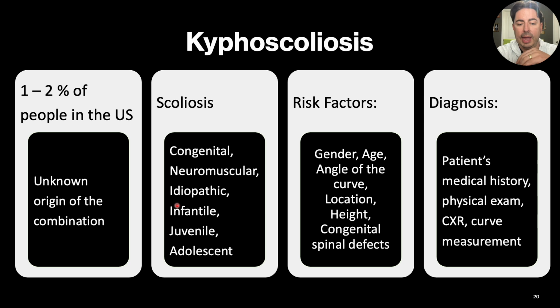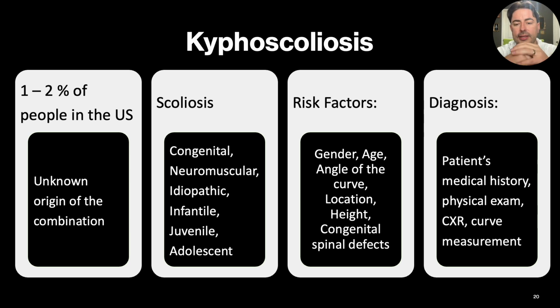There are some specific risk factors when it comes to gender, age, how bad is the angle of the curvature, where's the location, the patient's height, and did they have any congenital spinal defects at birth. These are all pieces we want to be aware of when patients come in with scoliosis by itself.